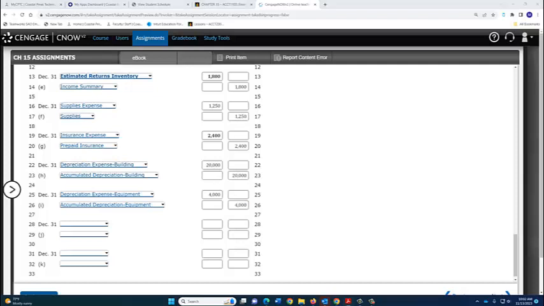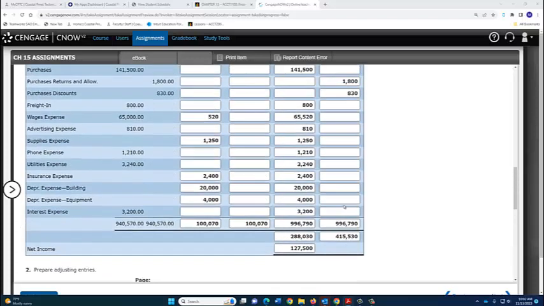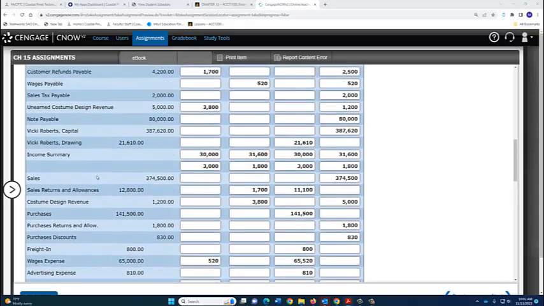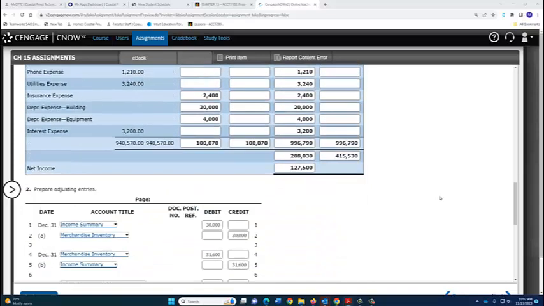The next entry, J, was for unpaid wages. So we're going to debit wages expense for $520 and credit wages payable for $520.